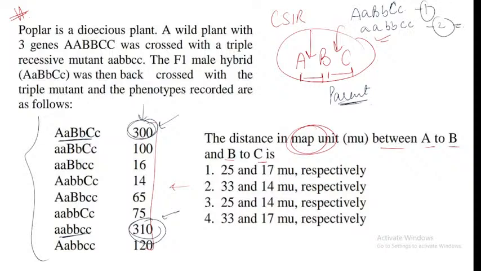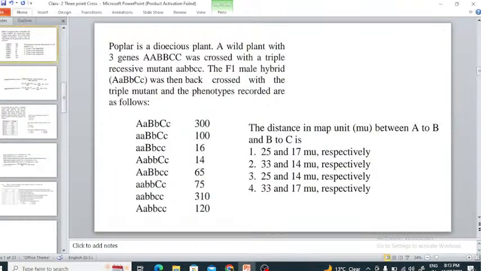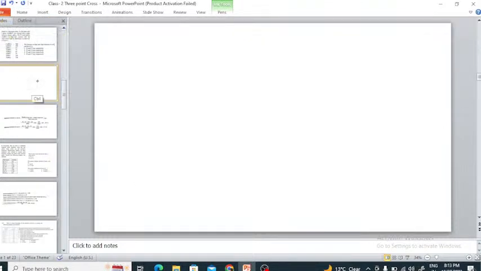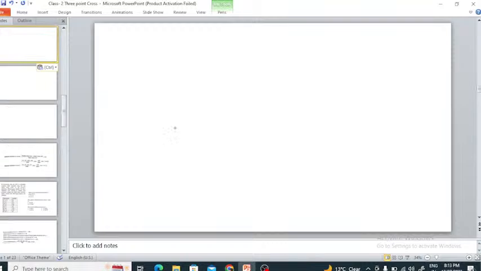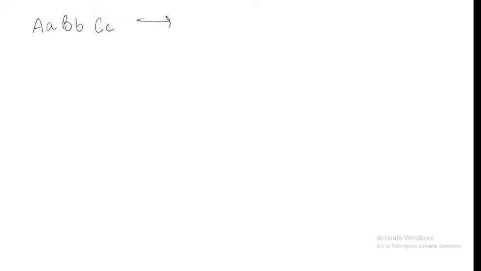Now when you have to find the distance between capital A and capital B, what you have to understand is, first thing, we have capital A, capital B, capital C, this is parent 1, and small a, small b, small c, this is parent number 2.